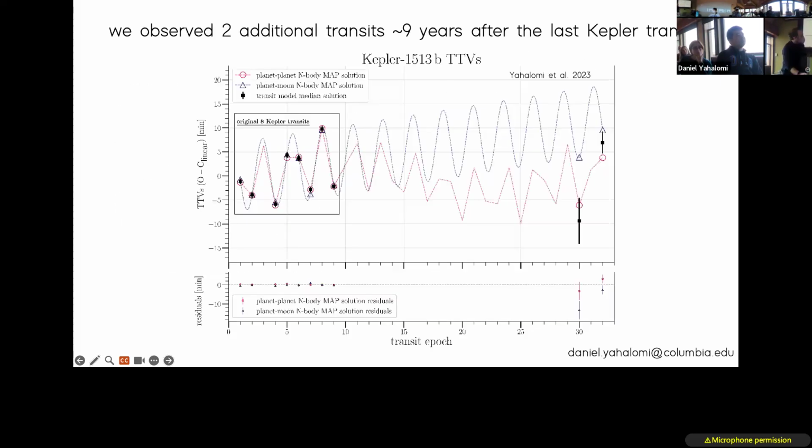When we're modeling this n-body fit for a planet-planet solution, because we already know from the transit signal a good estimate of the planetary parameters for Kepler 1513b, we can set tighter priors on the range of realistic parameters for B, and then for C we adopt a really wide prior set.